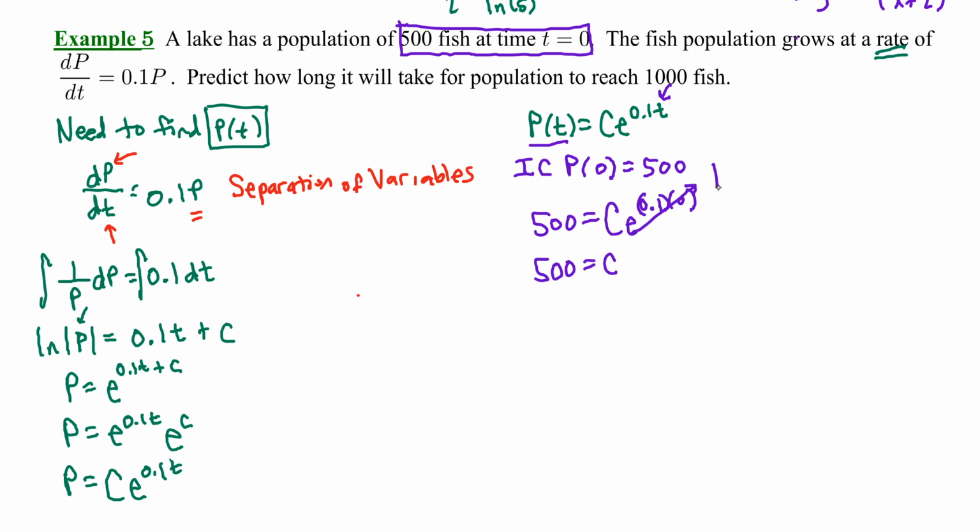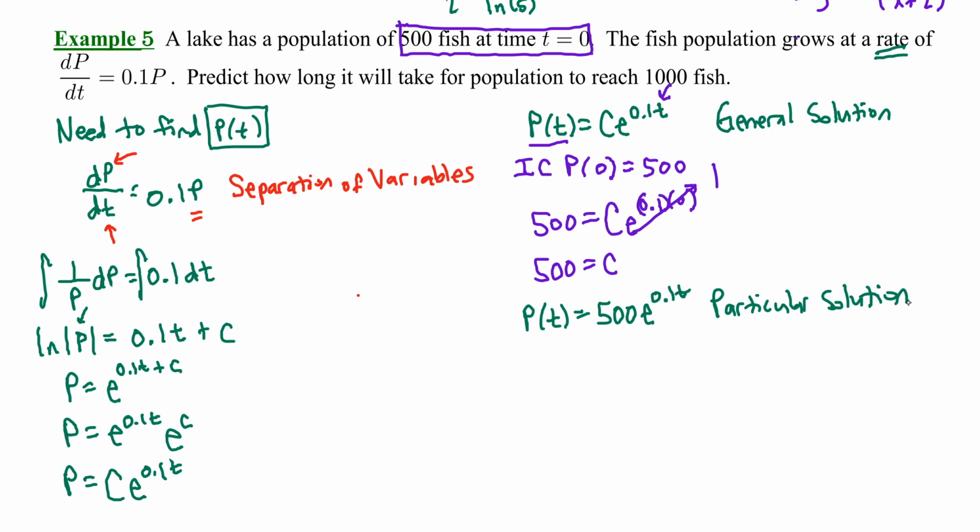So we have c times 1 equals 500, or c equals 500. So if we go back and refine our, remember this is called a general solution, we're going to refine that to a particular solution by plugging in the value we found for c. Again, that is our particular solution.